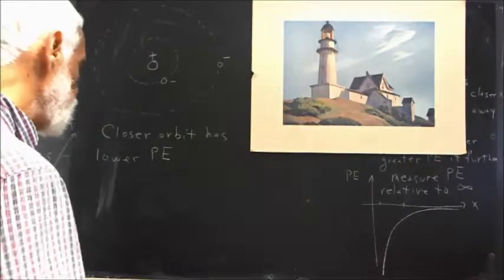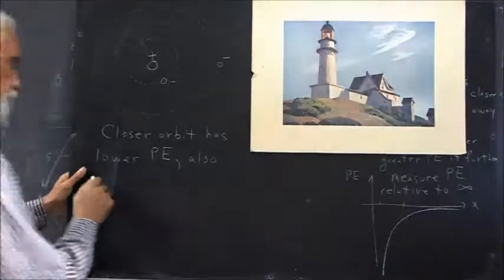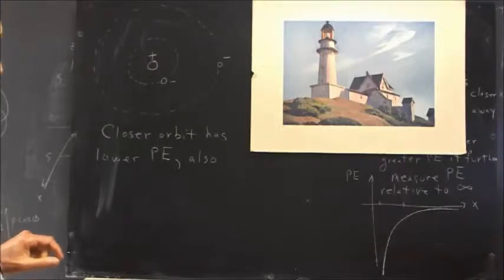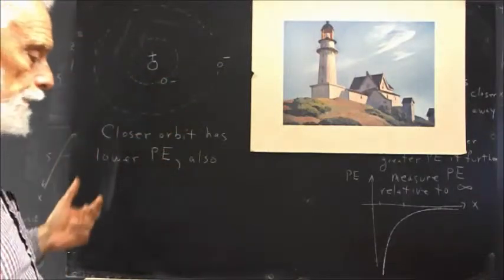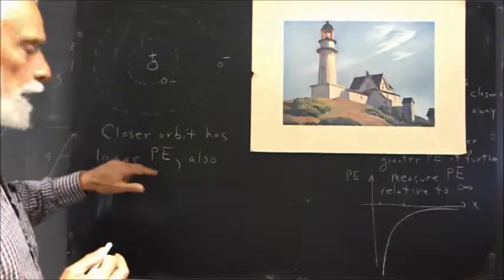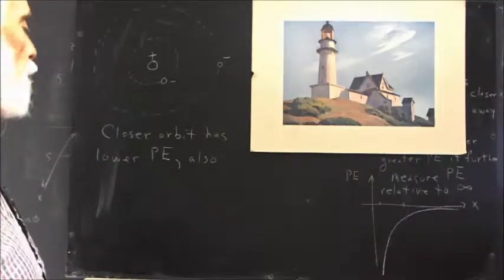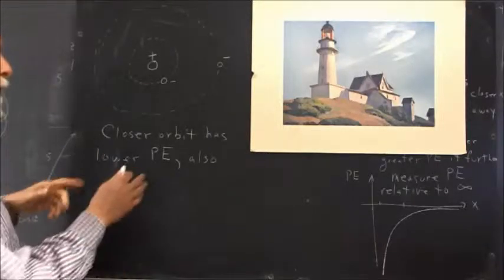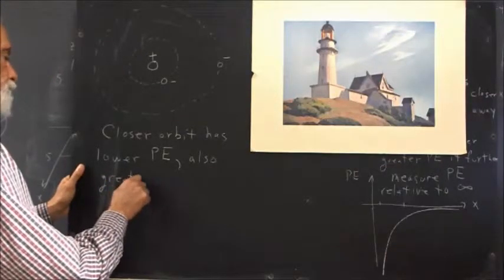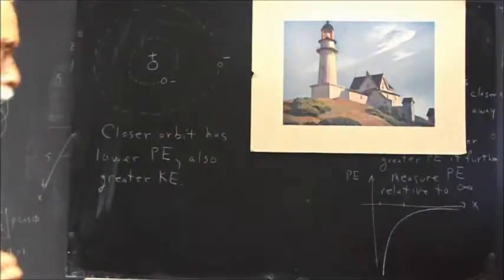And also, well, let's not talk about kinetic energy yet, but it turns out the kinetic energy in the orbit is equal in magnitude to 1/2 the potential energy and opposite to the potential energy. It has lower potential energy but greater kinetic energy. And we'll work out the details of why that is.